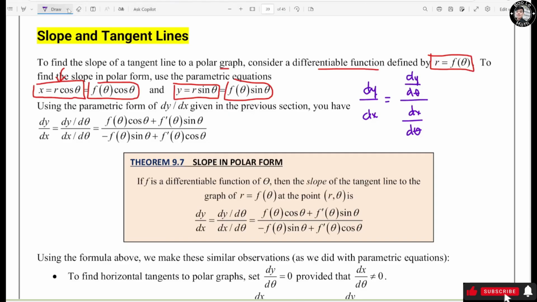Now, dy d theta is actually the derivative of this guy with respect to theta, so I'm going to use the product rule. So u times v prime is going to be u prime times v plus v prime times u. So this guy turns out to be f prime of theta times sine theta.